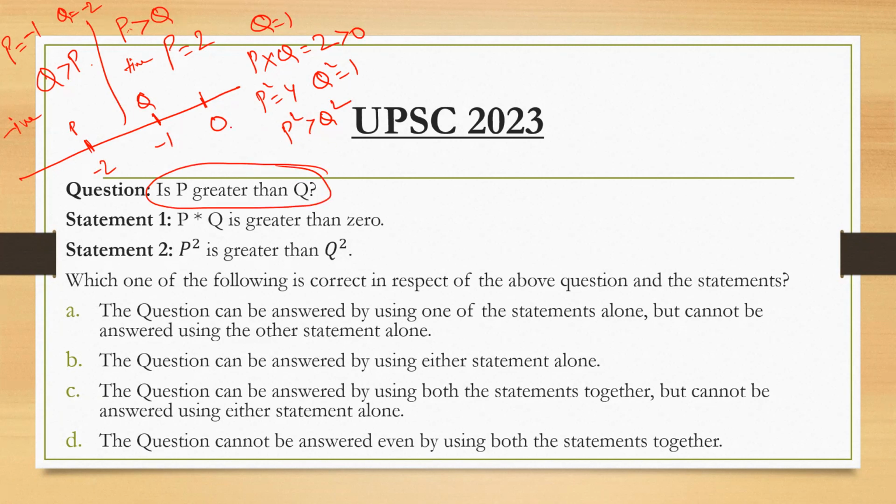We are getting two different natures of P and Q, so we cannot definitely answer the question. That is why we are going with D. I hope this is clear.